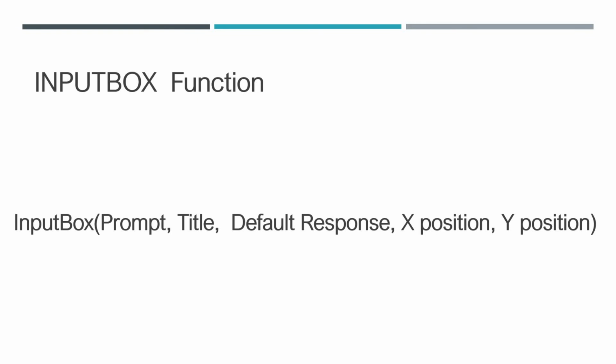If the user provides a value for this parameter, the x position represents the distance from the left side of the screen horizontally. If the parameter is not provided, the input box will be horizontally centered.